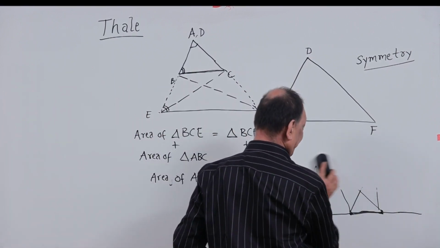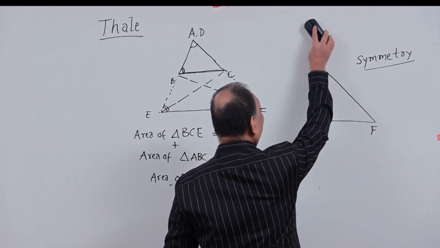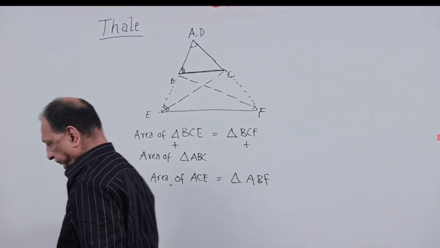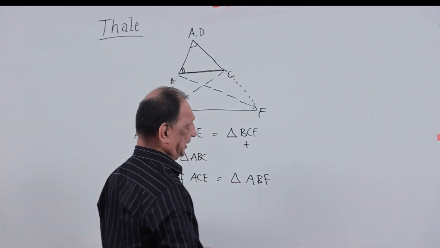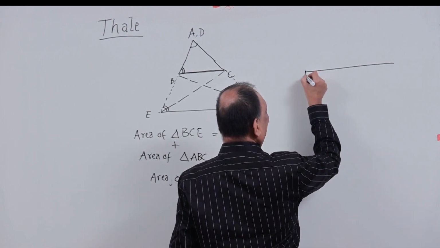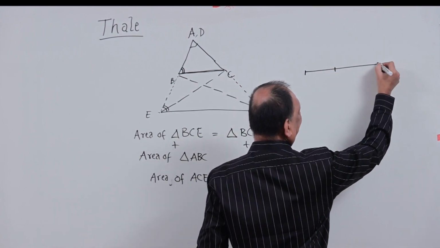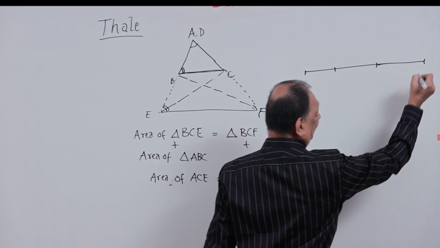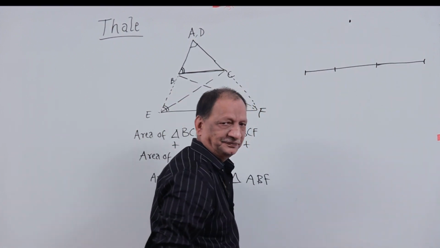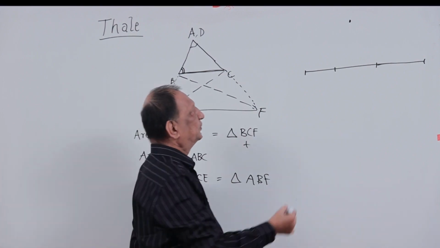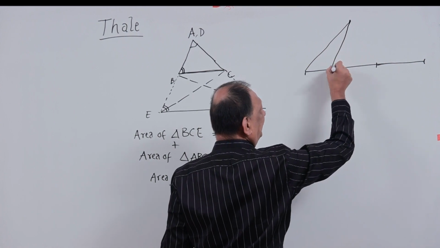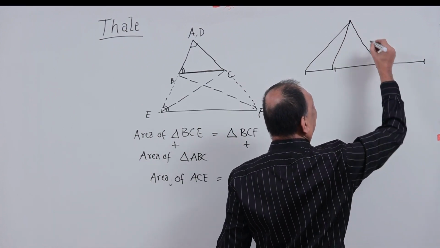Now the next step is to compare the areas of two triangles which have the same vertex and different bases. So I can have one base here, I can have another base here, which are not necessarily equal, right? But then I've got a common vertex. No parallel line required here. So I draw two triangles from the same vertex to one base, same vertex to another base.